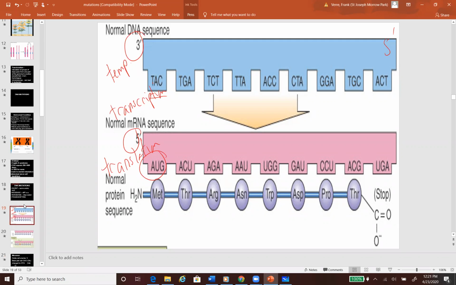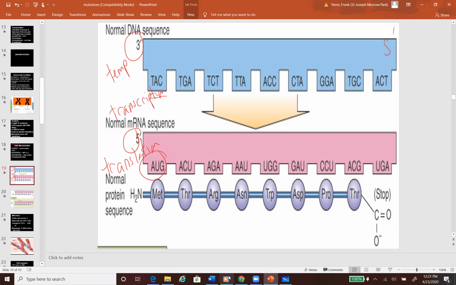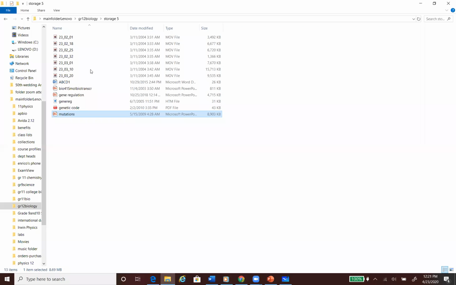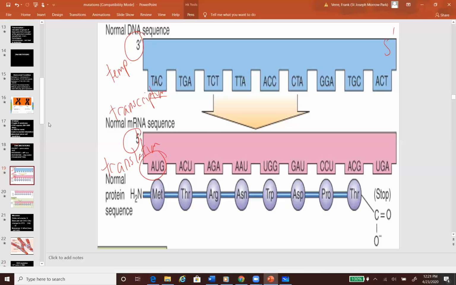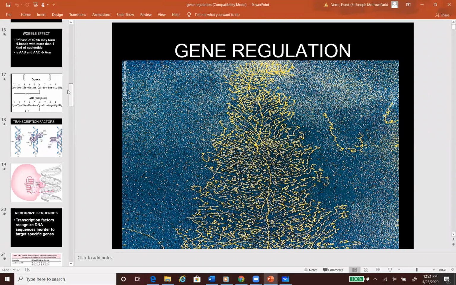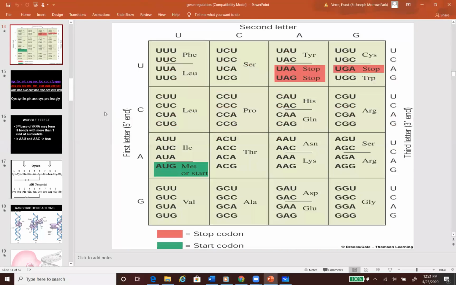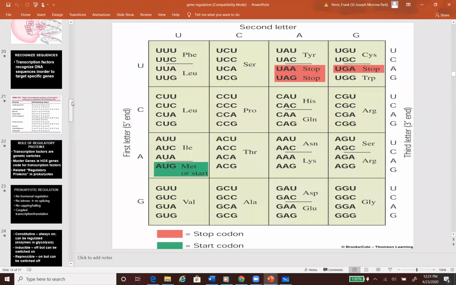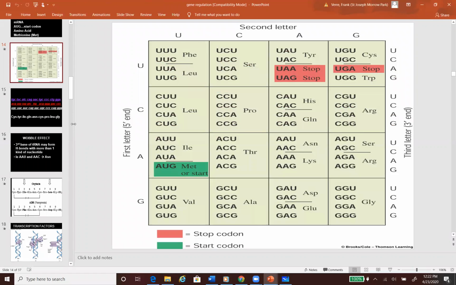And if you recall, this is because there is a genetic code. Let me pull this up. Actually, this one is a nice one. Let me pull the table from here. If you remember, there is a genetic code that is used to translate the codons into an amino acid, right?